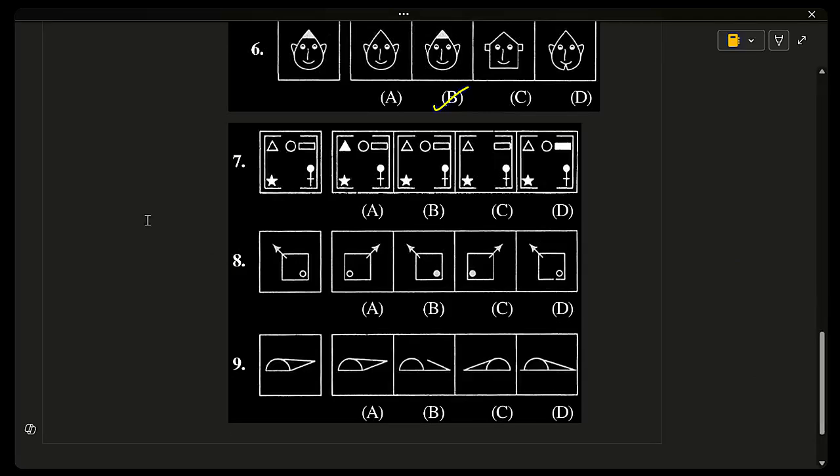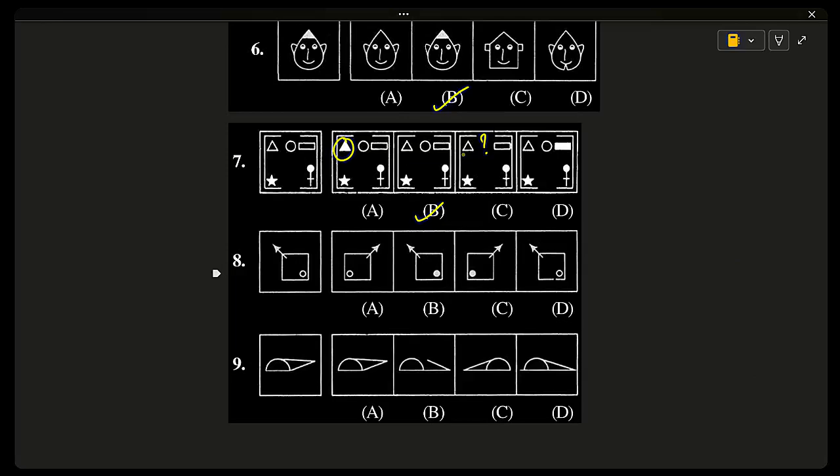Seventh one: triangle, circle, rectangle, star, and this. I can see in option A, this is darkened, so that is not the answer. In option B, everything is matching. In option C, the circle is missing.